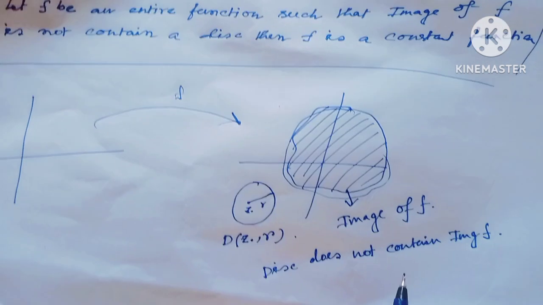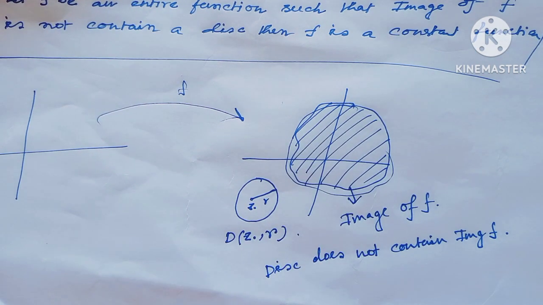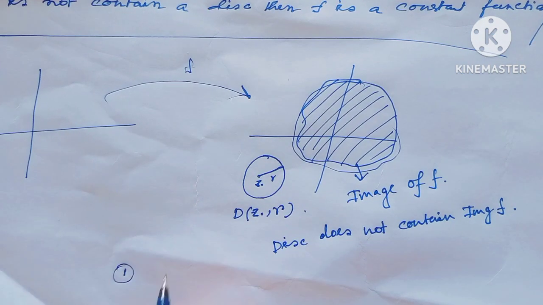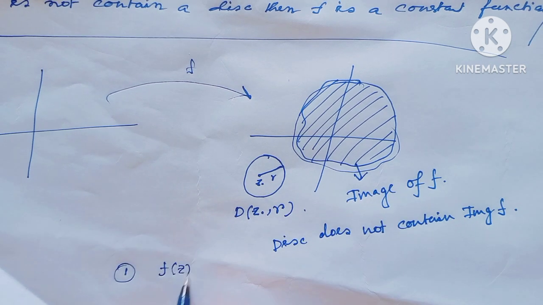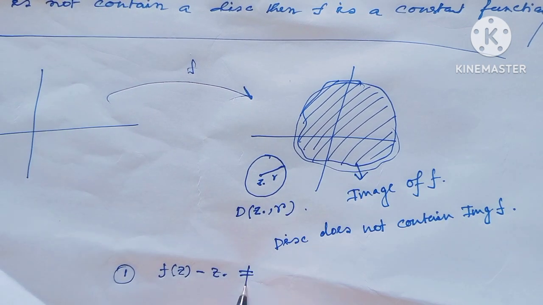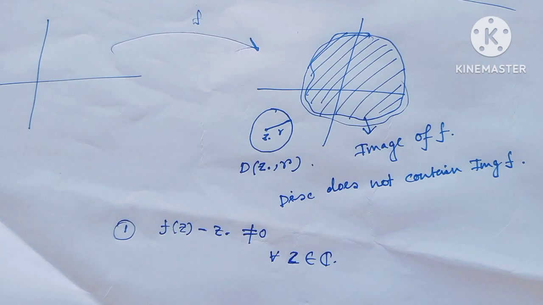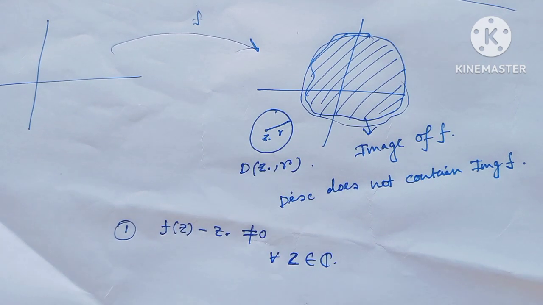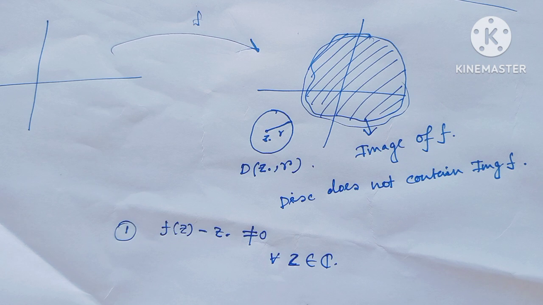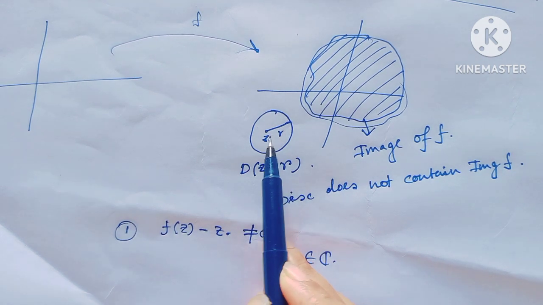Here the disk does not contain this image of f. Therefore, since the disk does not contain the image, f(z) minus z0 is not equal to 0, and this is true for all z belonging to C, because here the disk contains the points with respect to z0 with radius r.